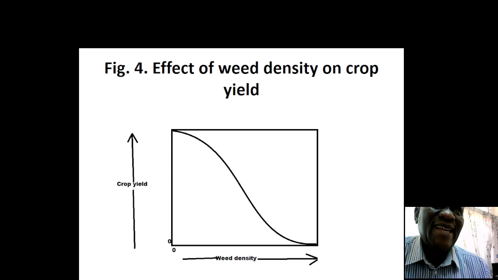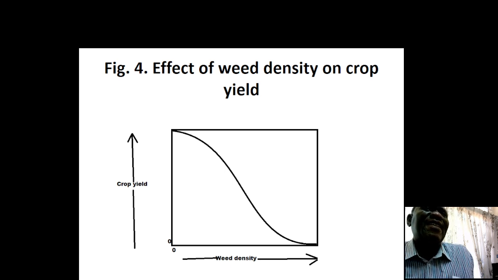What you see there, which is curved, as we increase the weed density, at first the changes are not very big, but as you progress increasing the weed density, there's a sharp decrease in crop yield, and it tails off as you are at the highest weed densities.